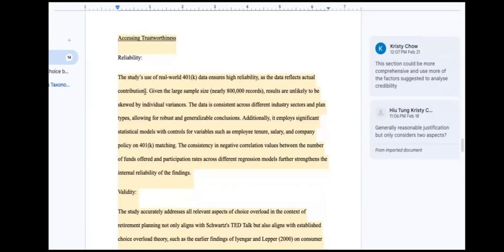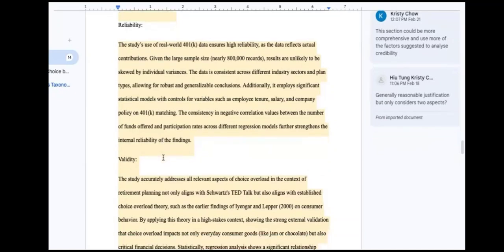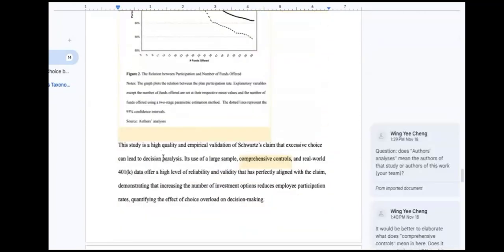So, for example, they would say, large sample size, so it's unlikely to be skewed by individual variances, but it's really not as comprehensive as we would like to see. So here we see relatively short sections on the reliability and validity of this resource, but there are also other aspects to be considered as well.